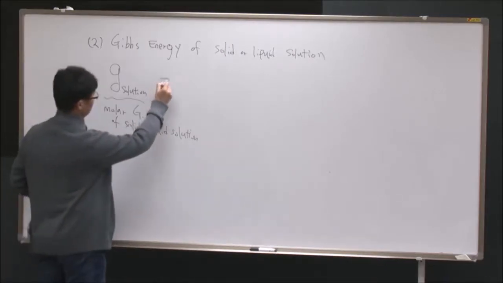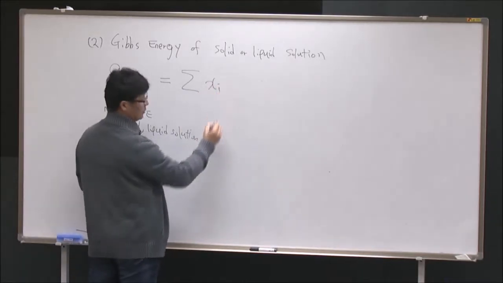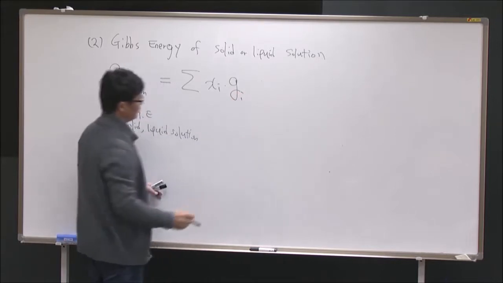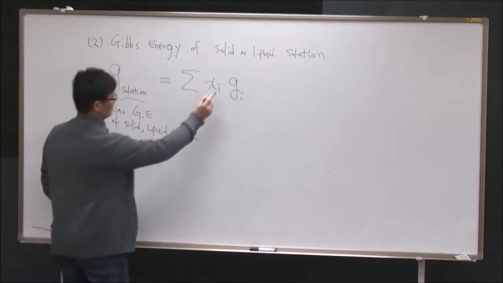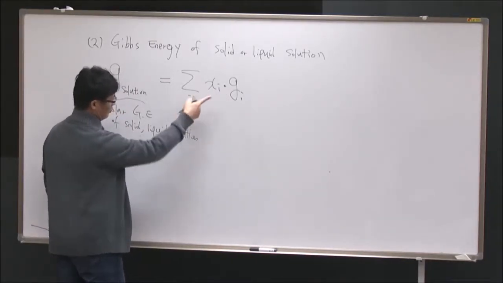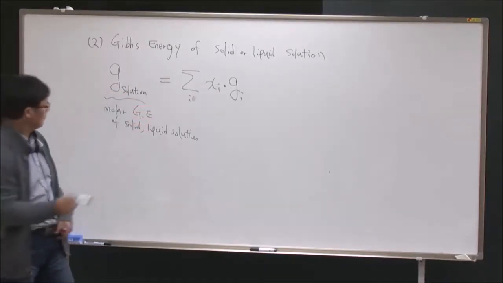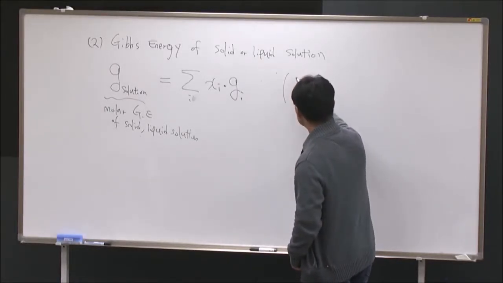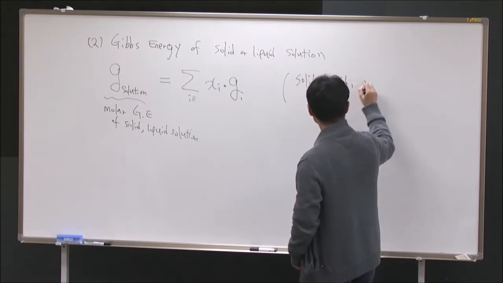This is the sum of the mole fraction of that species times the partial Gibbs energy of that species in the solution, for all the I. This is always working for both solid, liquid, and even gas solution.